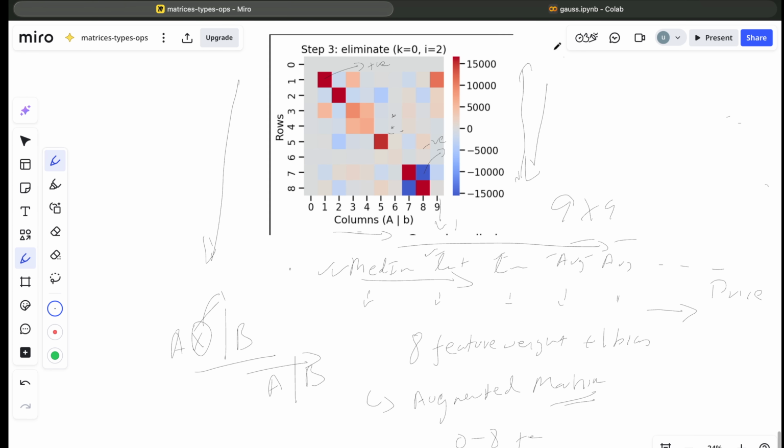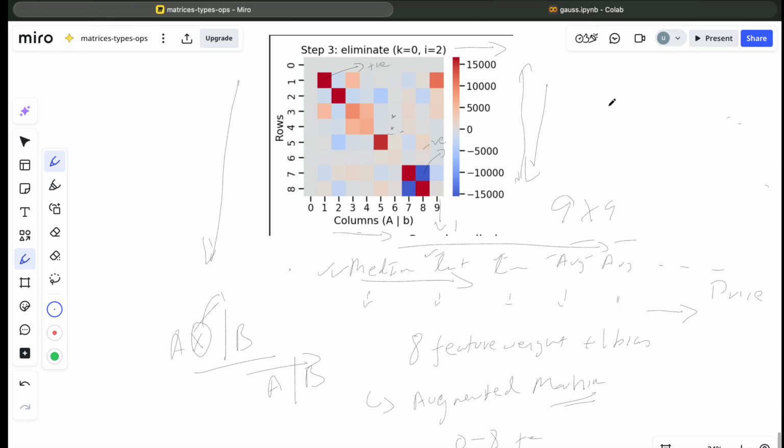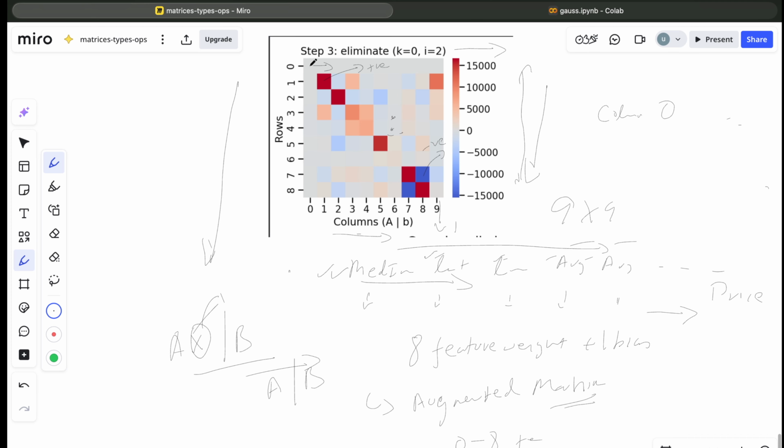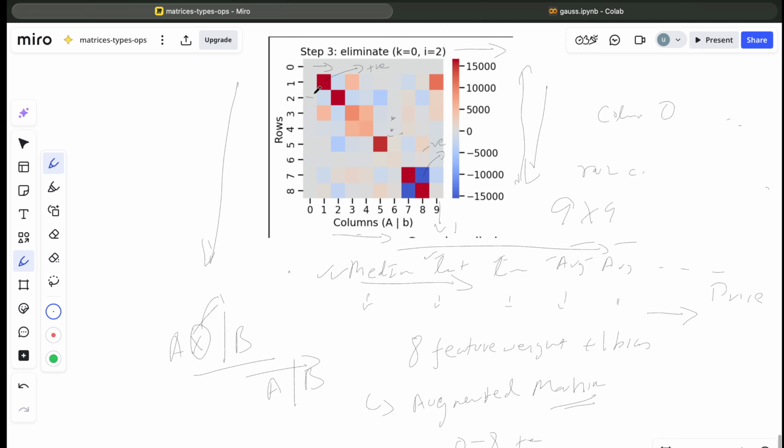Now let's understand this part. What is this implying? This means that we are cleaning column 0. At k equals 0, we use the top row as the pivot, and i equals 2 says to erase the number in row 2, column 0. How do we erase that?